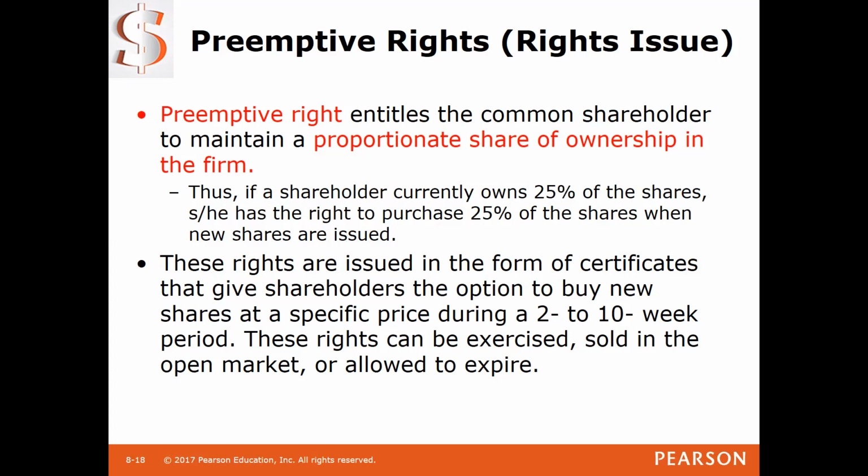Depending on the market, depending on the country, it can be as little as 2 weeks or several months. Within that time period, the shareholders can choose if they want to exercise their right to buy the new shares, or they can sell those rights in the open market, or they can simply decide not to purchase the new shares and allow their coupons or certificates to expire. It is an individual preference.